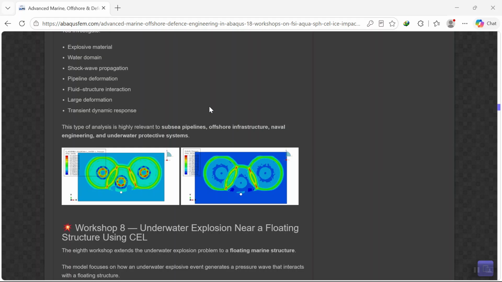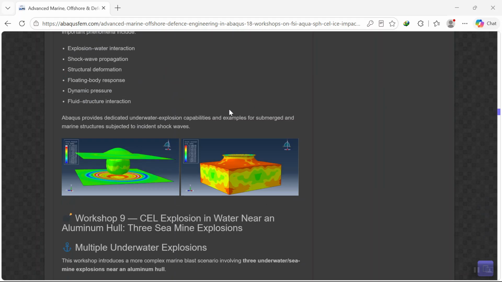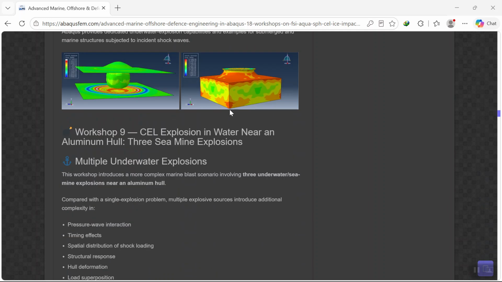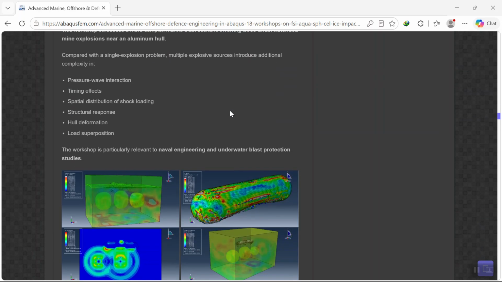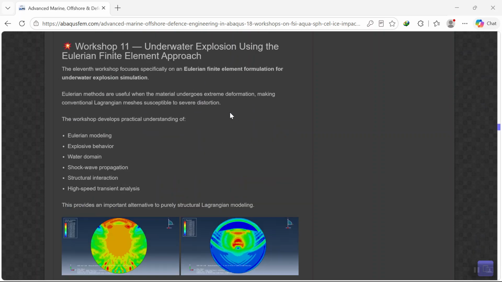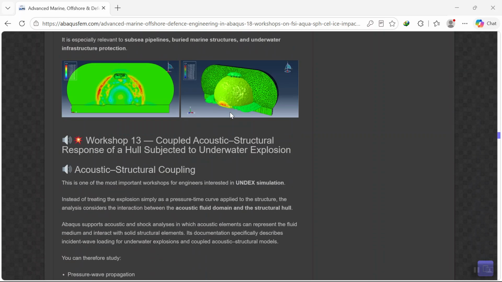The resulting response can involve a very high loading rate, strong fluid structure interaction, large deformation, shockwave propagation, and many other things. These types of simulations are highly relevant to naval engineering, marine structures, subsea infrastructure, and defense-related research. And we have also, besides this explosion, the marine impact model.